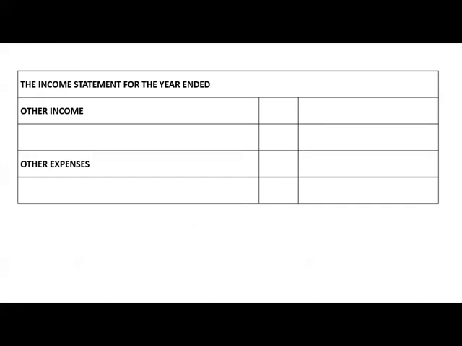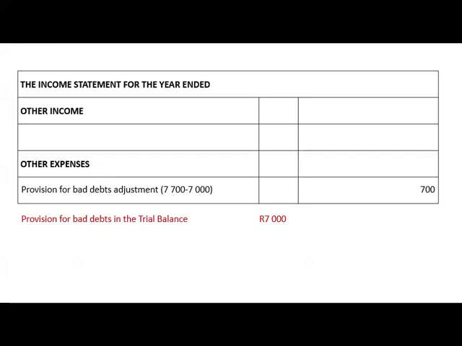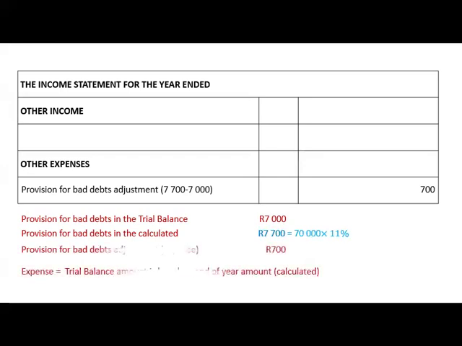Instead, I'll put it under expenses, okay? But you only write the difference. The difference there will be 700 Rand. And that is because the one in the trial balance was 7,000. The one that we calculated is 7,700. So the one that we calculated is higher than the one that is in the trial balance. So that 700 becomes an expense because of that.